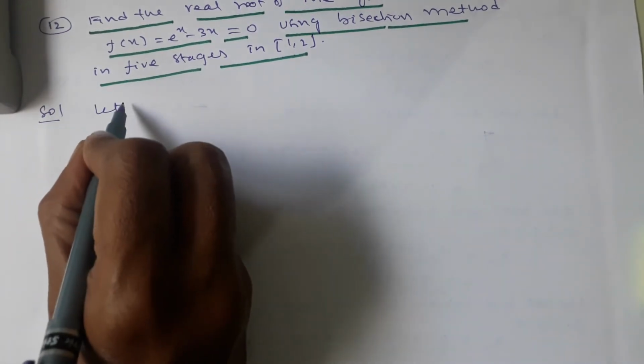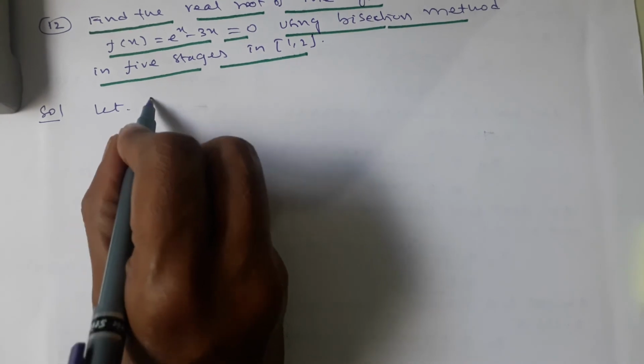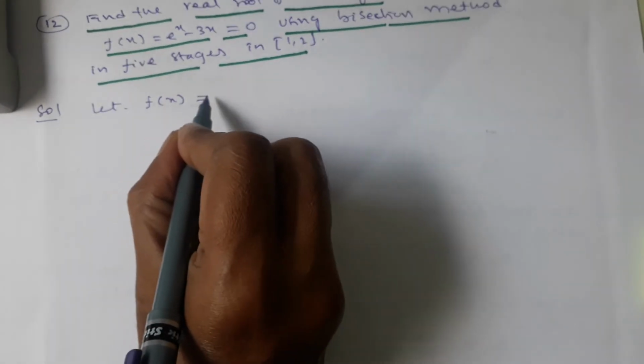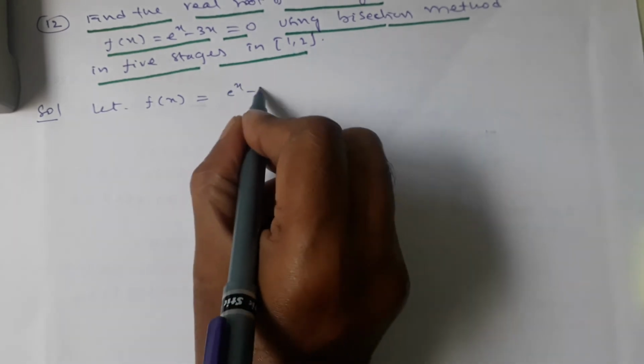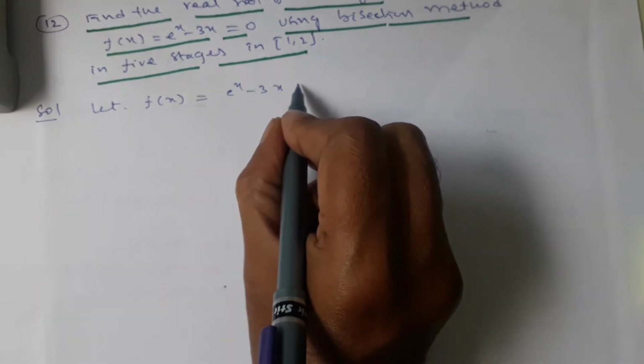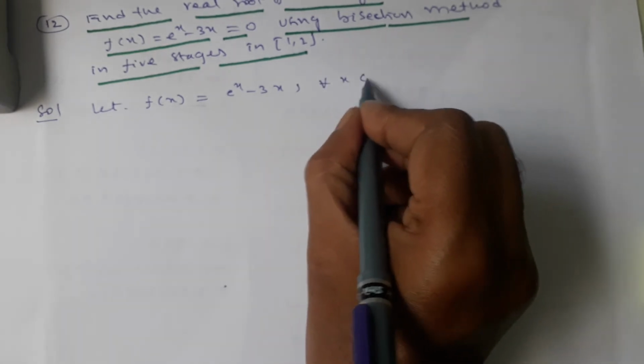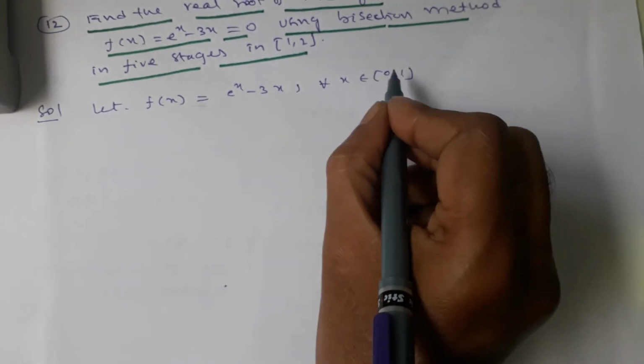I will write the remaining stages, you can do it. Let f of x is equal to e power x minus 3x, for all x belonging to the closed interval 0, 1.